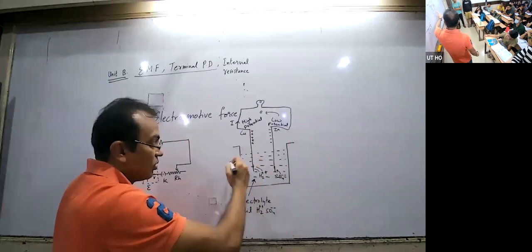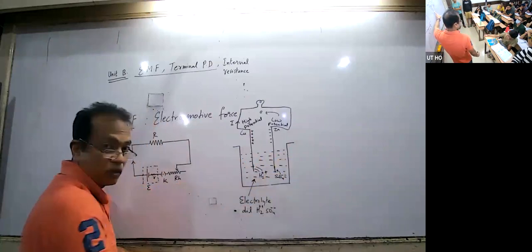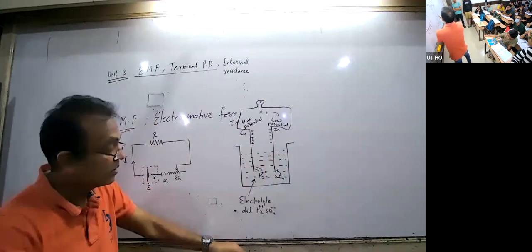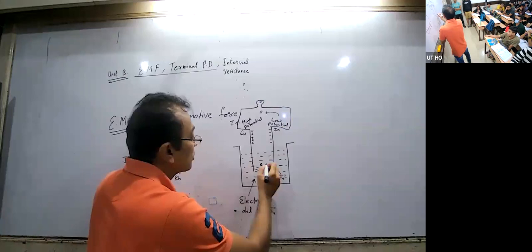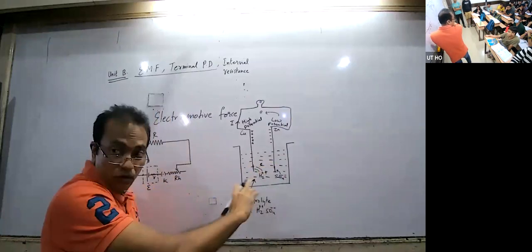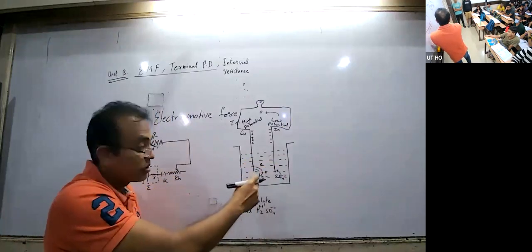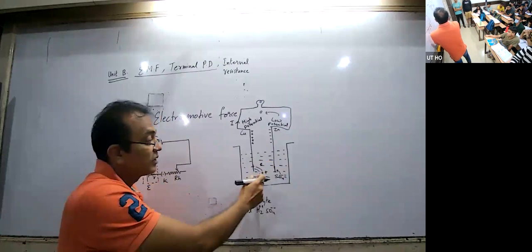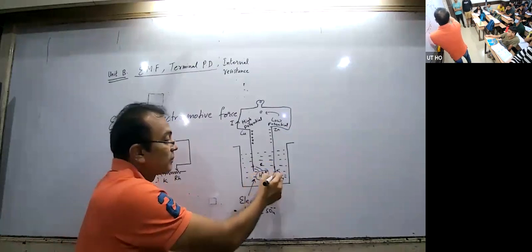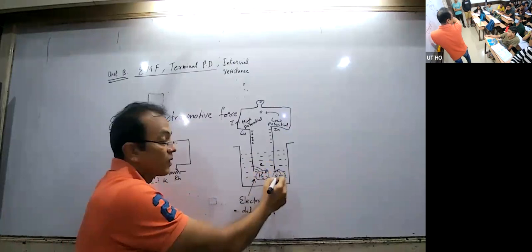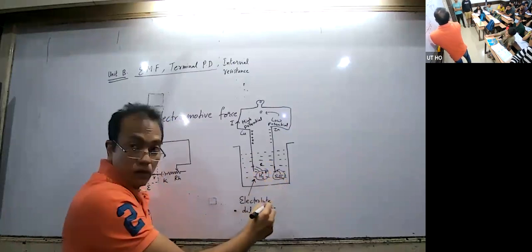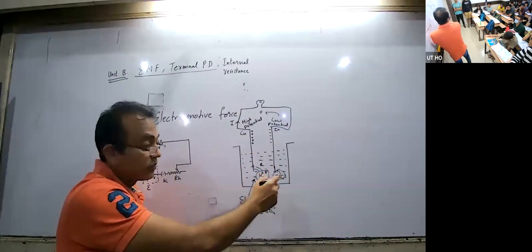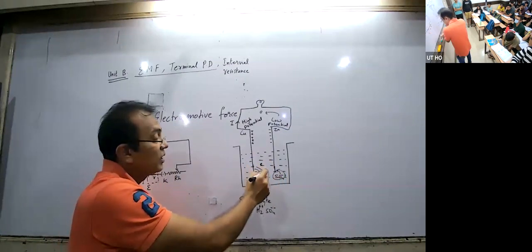So an electron here and a positive charge here. It is like you can see it as electron going from here to here. But there is no electron movement inside the electrolyte. What is moving inside the electrolyte? These ions. So the electron only moves in the external conductor. What moves here? The ions. So current in the electrolyte is because of the movement of ions. These are the charge carriers inside the electrolyte.